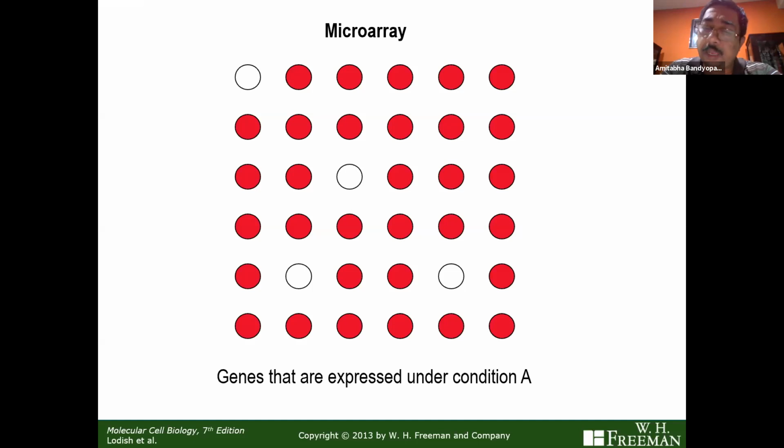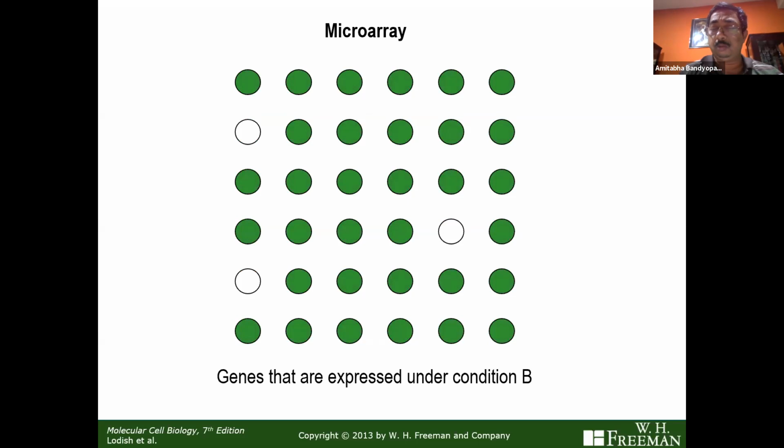So say you label the mRNAs that are produced under condition A with red fluorescence. Schematically, this is how the array would look under the microscope. And you label the mRNAs that are produced under condition B, and this is how the array will look under the microscope.